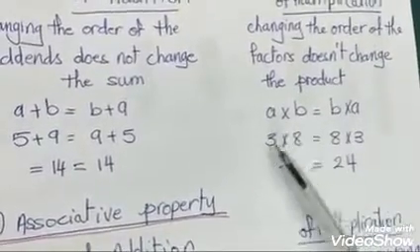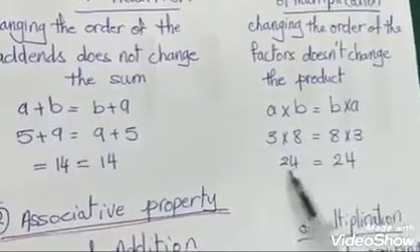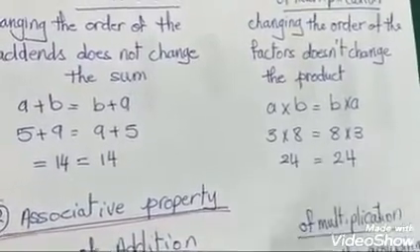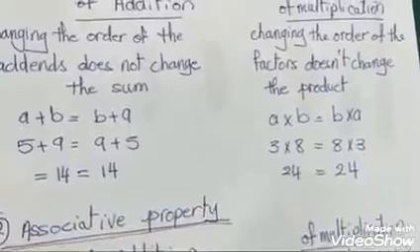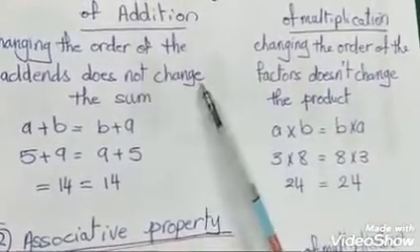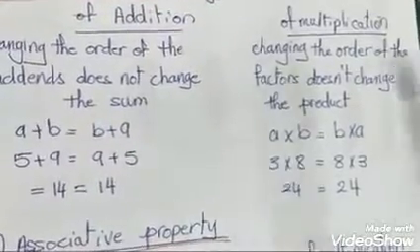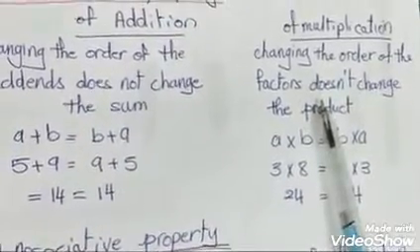If I say 3 times 8, it equals 8 times 3 equals 24, the same number. So the commutative property is included in the addition and multiplication operations.